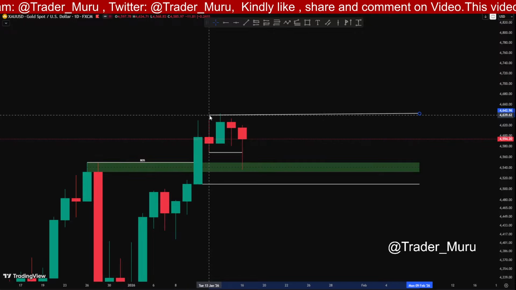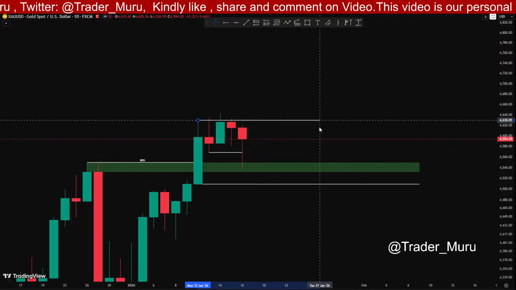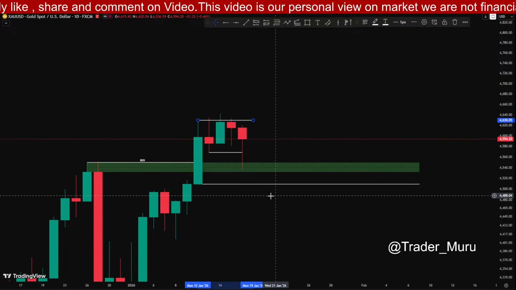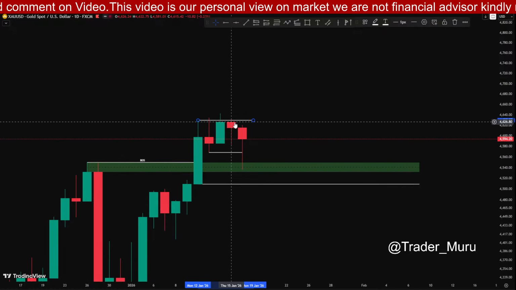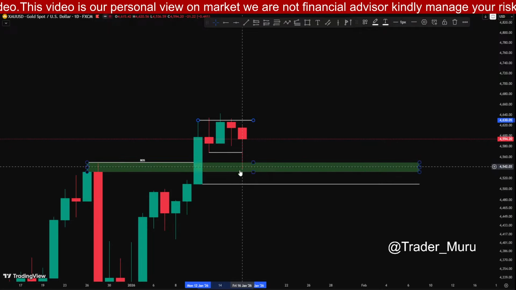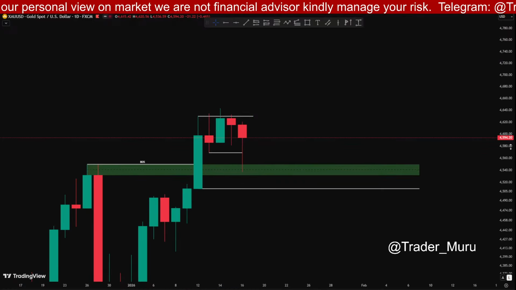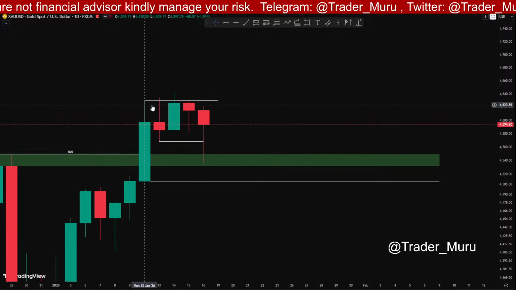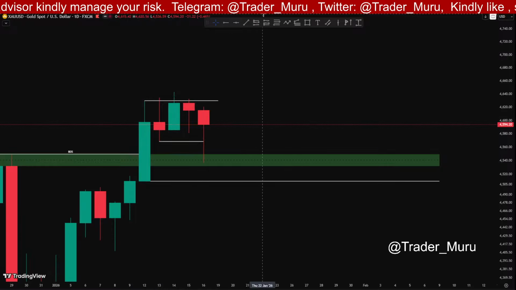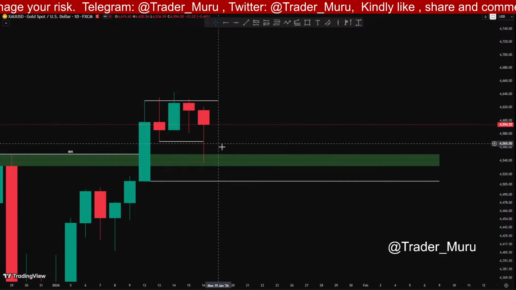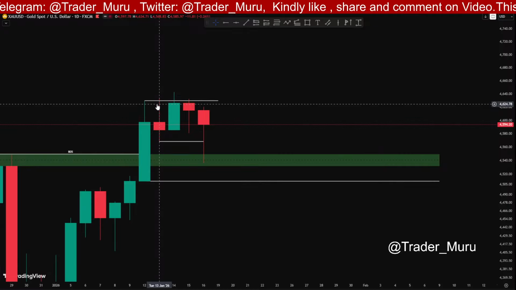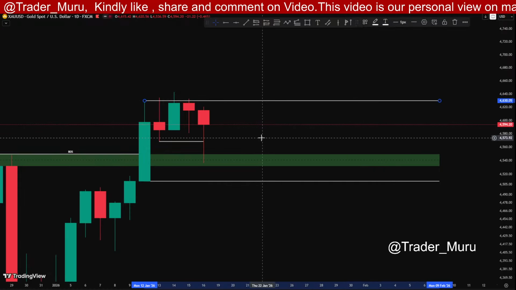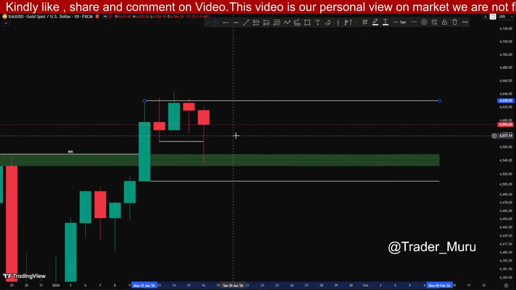Price is still below this resistance here, and this is the range which price needs to sweep. We already have a high sweep, so we need a low sweep for strength. The daily time frame is still in consolidation mode. We don't have any candle closing here, so we will be watching for a continuation towards these areas, from where it will define in the smaller time frame.